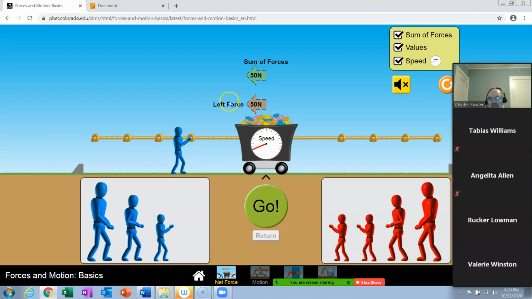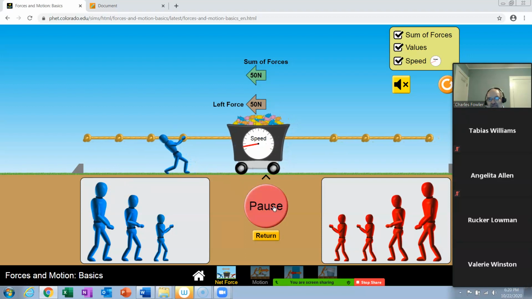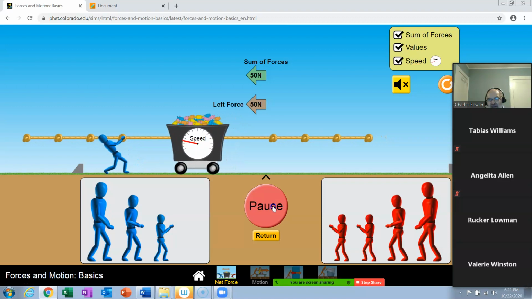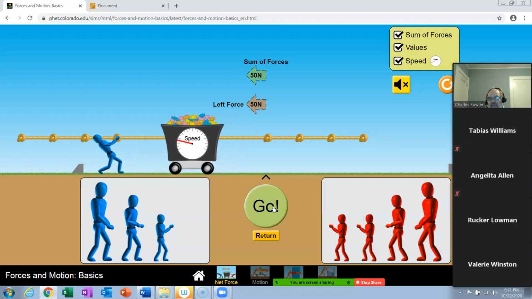Okay, so I'm going to press go, and you see what's happening. Start slowly and increases its speed, right? Not very far, but it does. So it starts moving to the left at a very slow speed, but it's increasing constantly. That's an acceleration, folks. You just said it was going to do it. And how does the speed change?